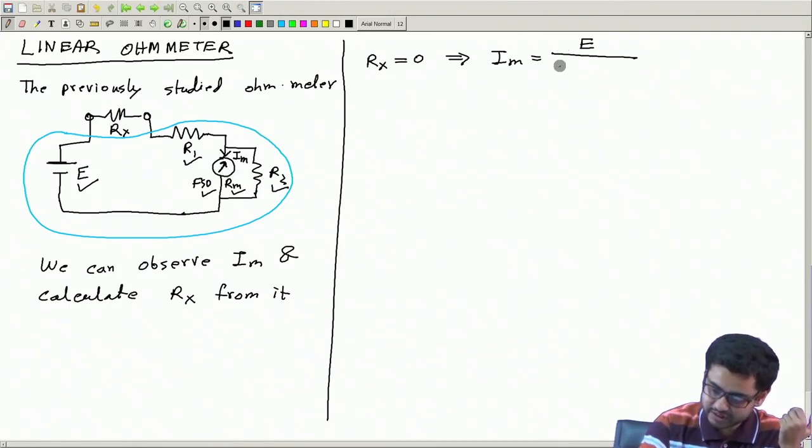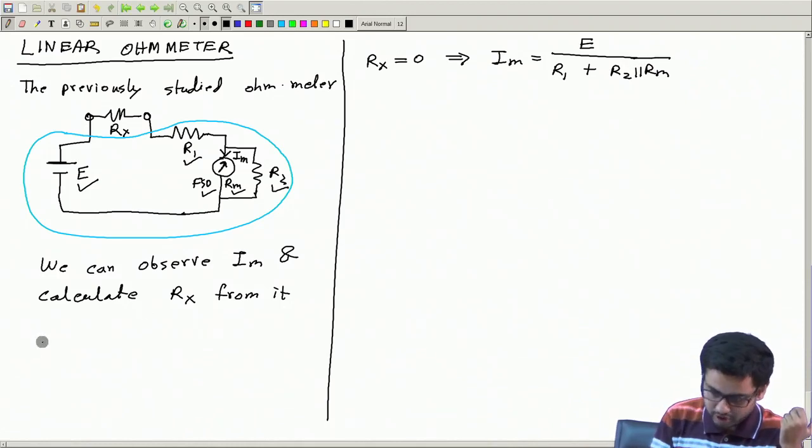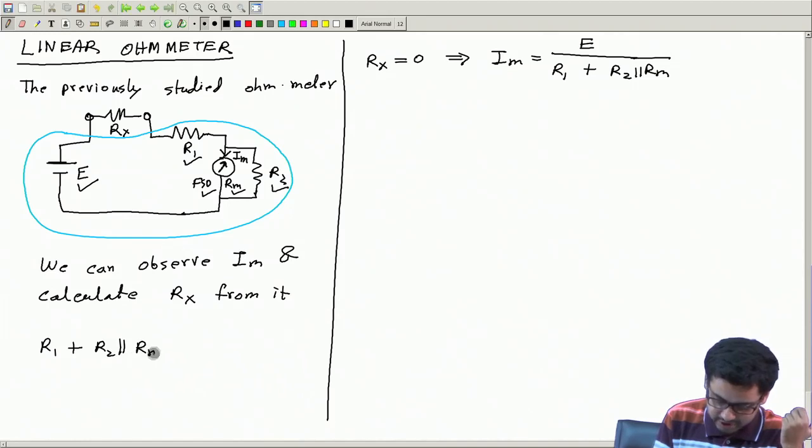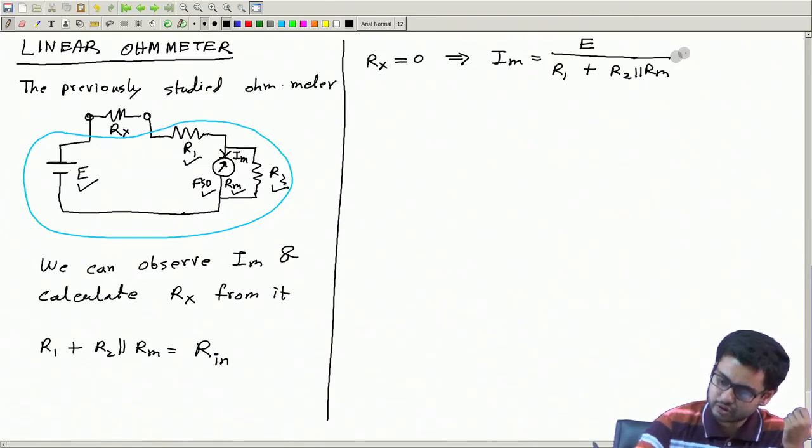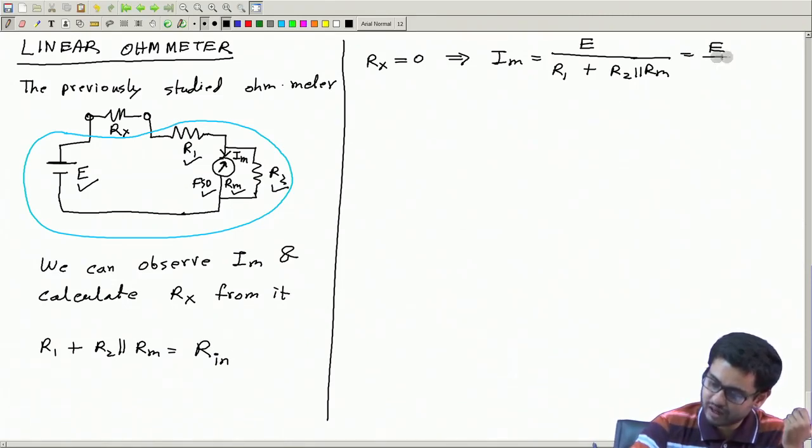All this resistance is R1 in series with R2 parallel Rm. Let me call R1 plus R2 parallel Rm as R in, the total internal resistance of the circuit. So this is equal to E by R in.